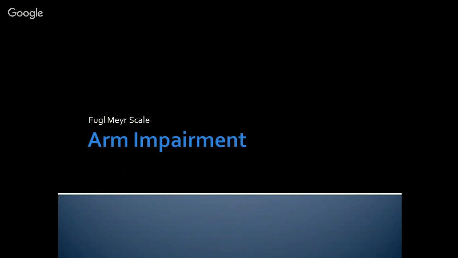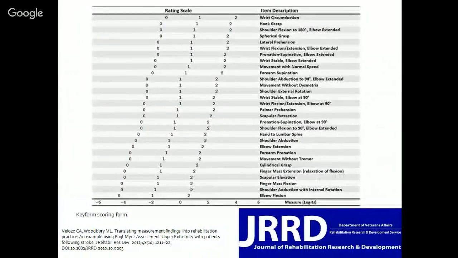If you look at the Fugl-Meyer scale, there are many components, and in this key scoring form, which is a special form, it shows the different components of the Fugl-Meyer. The ones on the bottom are the ones which patients normally get an improvement in the early stages, and as they progress slowly, patients will start improving through these middle stages, and these are the ones which many patients do not get to improve.